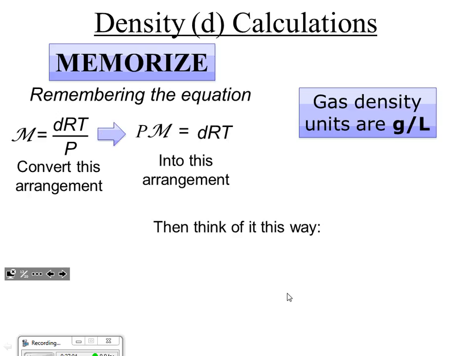I get the P right here. I multiply both sides by P so I don't have anything in the denominator. So PM equals dRT. This is the equation to do the density calculations.